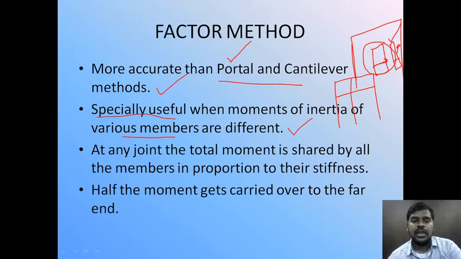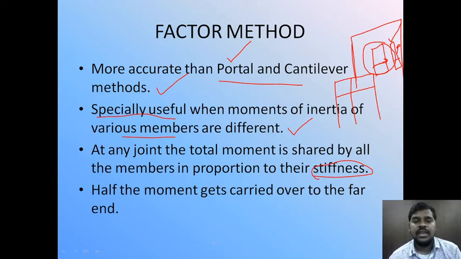At a joint, the total moment is shared by all the members in proportion to their stiffness. So stiffness plays an important role here. If stiffness increases in some proportion, the moments are also shared in the same proportion.